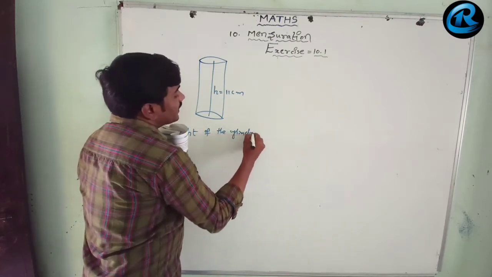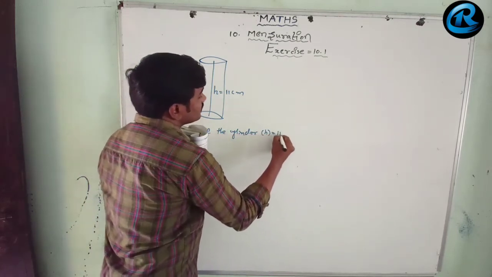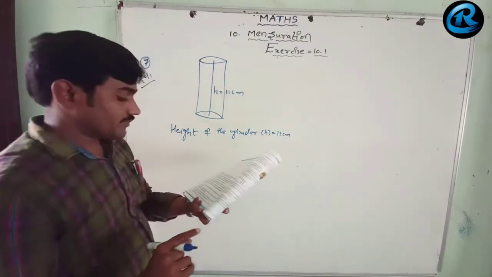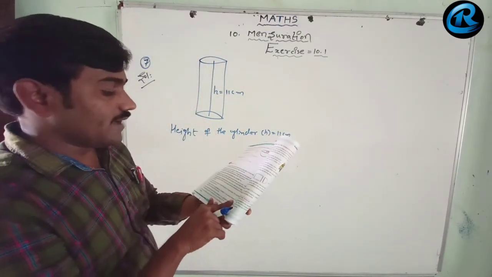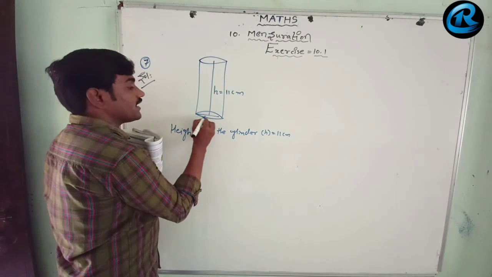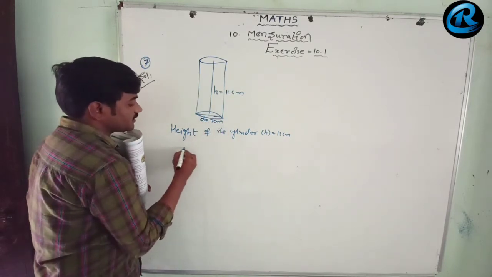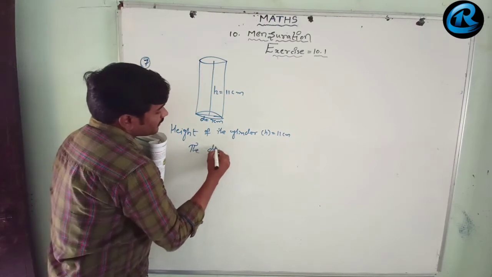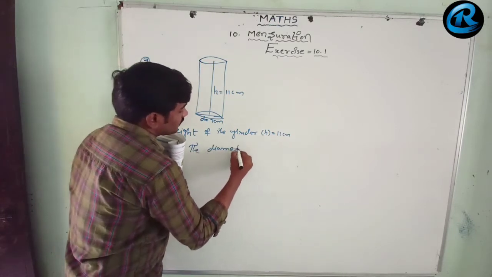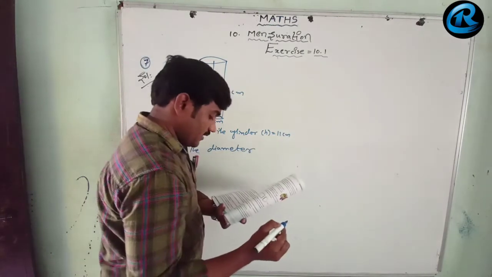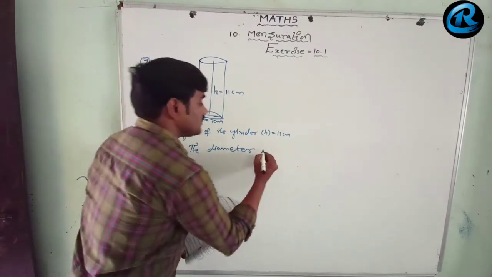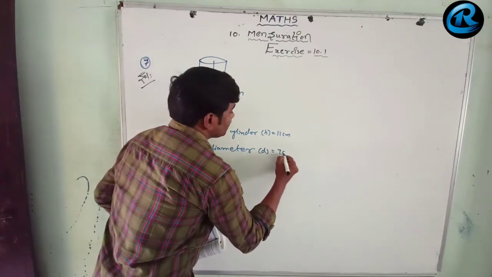Height of the cylinder h equal to 11 centimeter. And its base diameter is 7 centimeter. Diameter d equal to 7 centimeter.